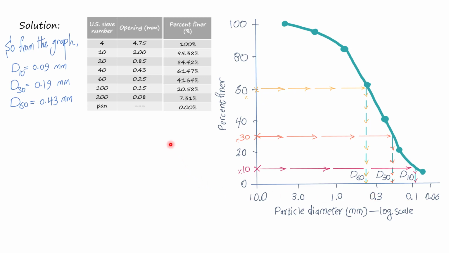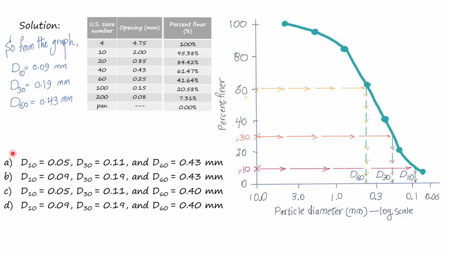So with that, these are the options we have, A, B, C, D. I need you here to be careful and pay attention. For example, the first one, D10 is 0.05. This is not the right one, so we can ignore it directly. But the second one, D10 0.09, close, 0.19, that's true, and D60 as well is the same.